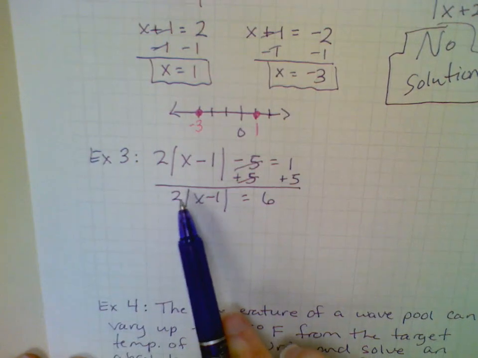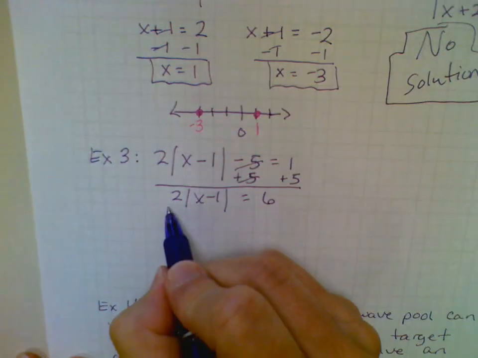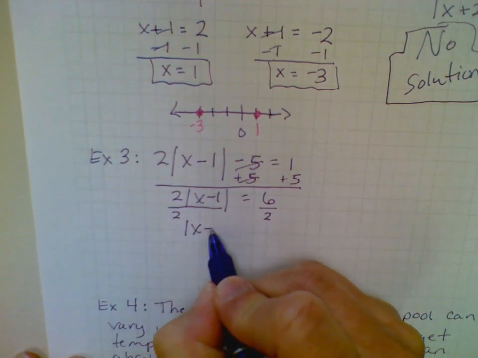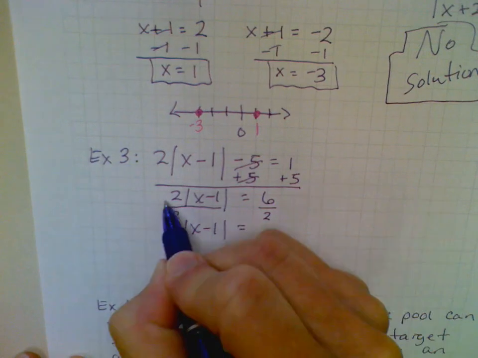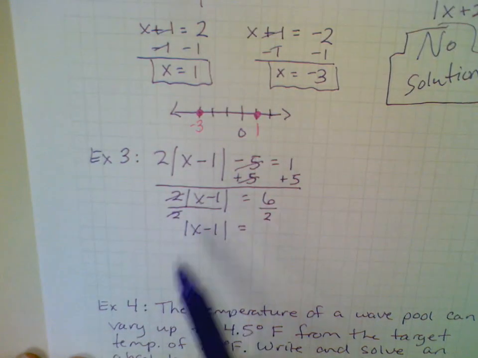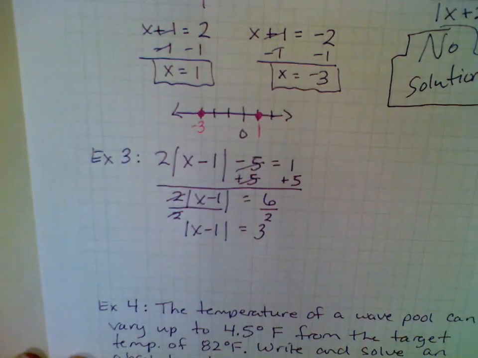And then since this is being multiplied in front, you want to undo that with division. So I'm going to divide by 2. So these cancel. You only divide the 2 by 2. You don't really go inside the bars and do anything. And then 6 divided by 2 is 3.